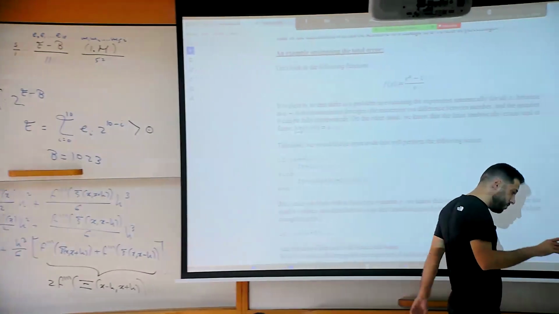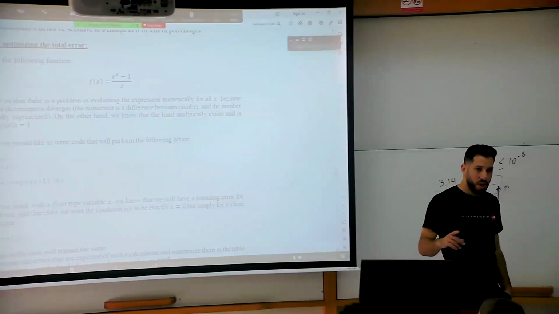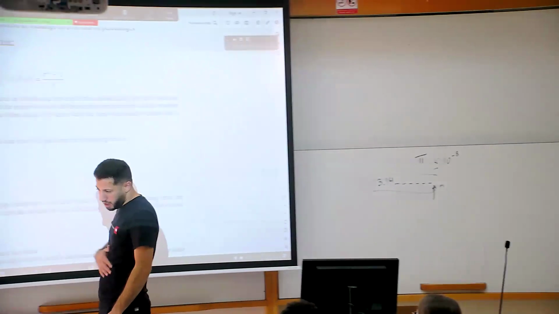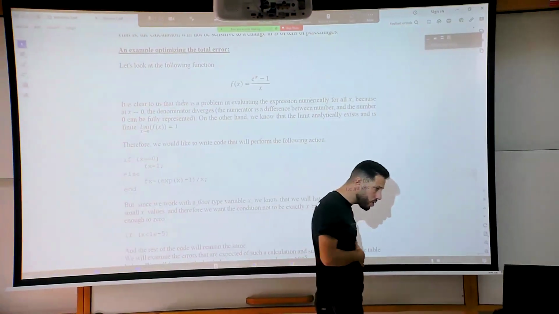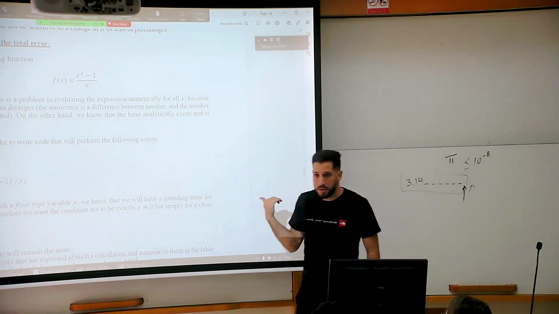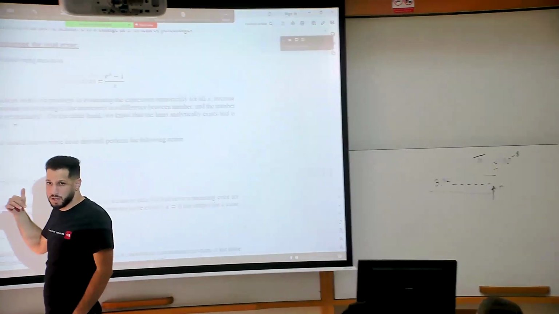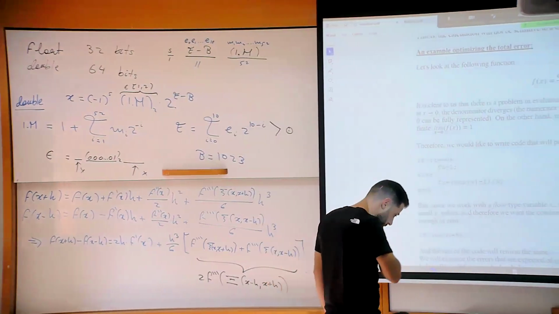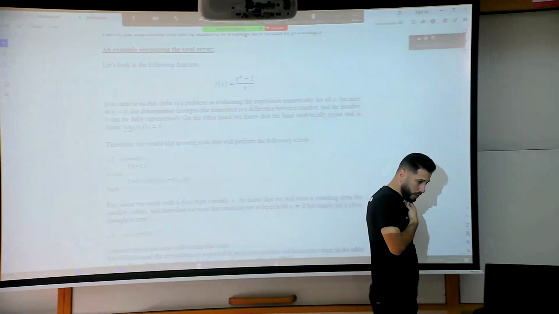So our problem again is that if the x is very, very small, we have the problem of underflow. And this function, you know that when x goes to 0, it goes to what? 1. You can use L'Hôpital's rule, for example.